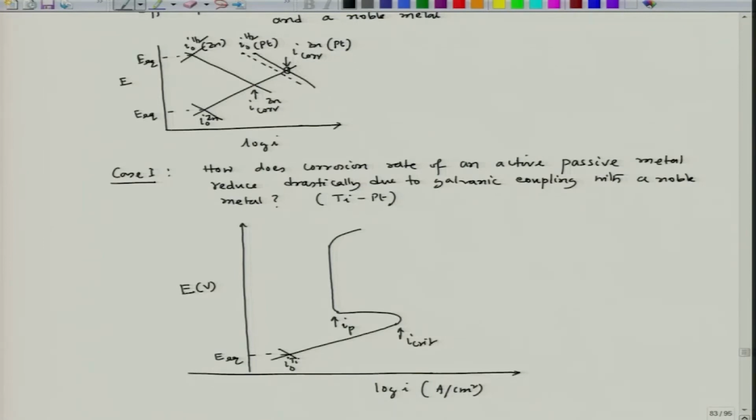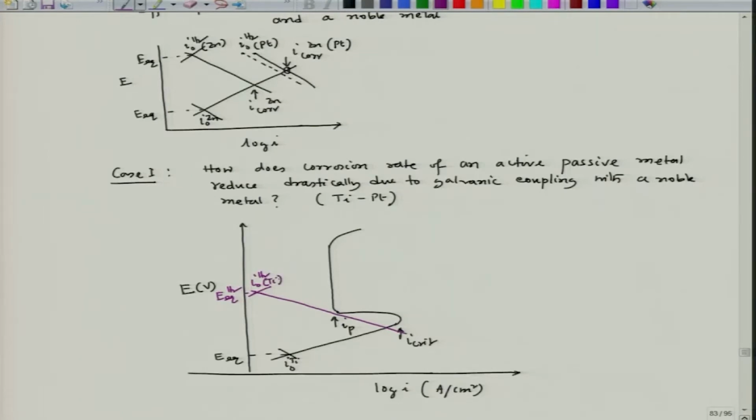So, on the titanium surface, if I plot it with a different color, it can have its own. So, this is basically E equilibrium hydrogen and I 0 hydrogen over titanium surface.